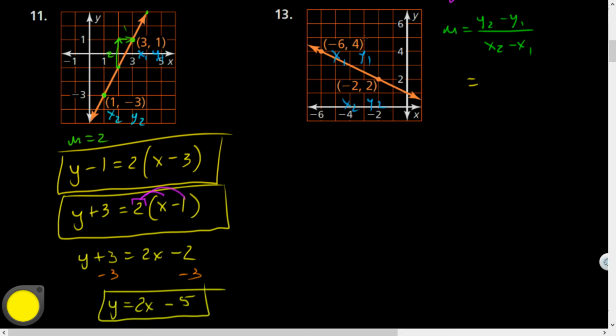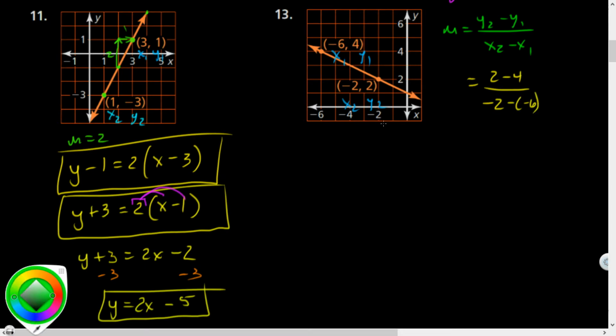All right, so let's see. 2 minus 4 over negative 2 minus a negative 6. Make sure you guys are tracking here now, friends. Equals 2 minus 4 is negative 2. Negative 2 plus 6 is 4. And that can reduce. Does anyone know what that reduces to?